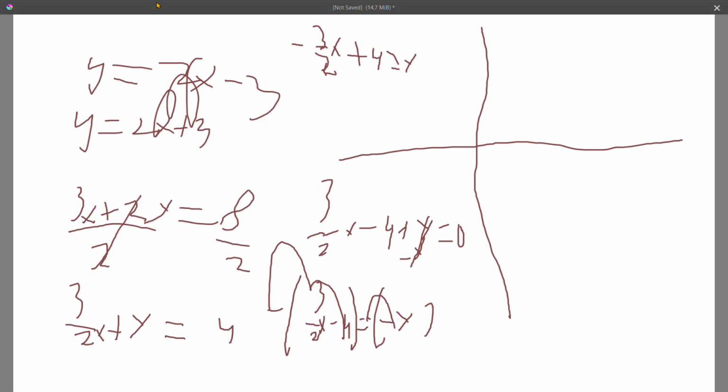Now remember, the slope-intercept form is y is equal to mx plus b. So can you find the slope here? Yeah, you can, because here we have y is equal to minus 3 by 2x plus 4, which is the same form as here. So the slope has to be negative 3 by 2. But I'll tell you more about slope-intercept form next video.